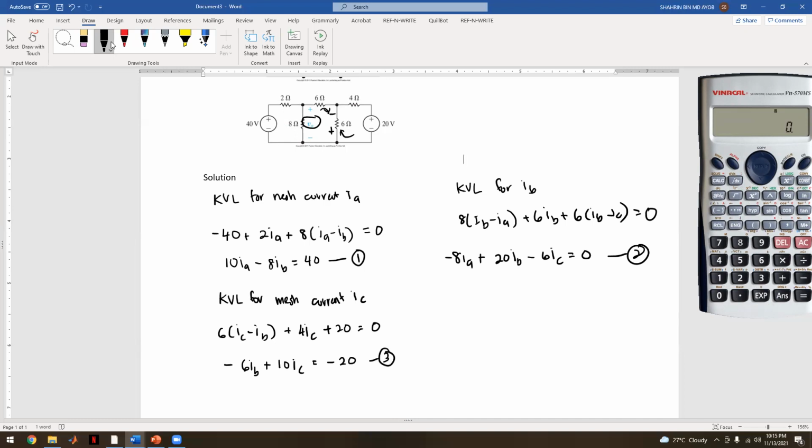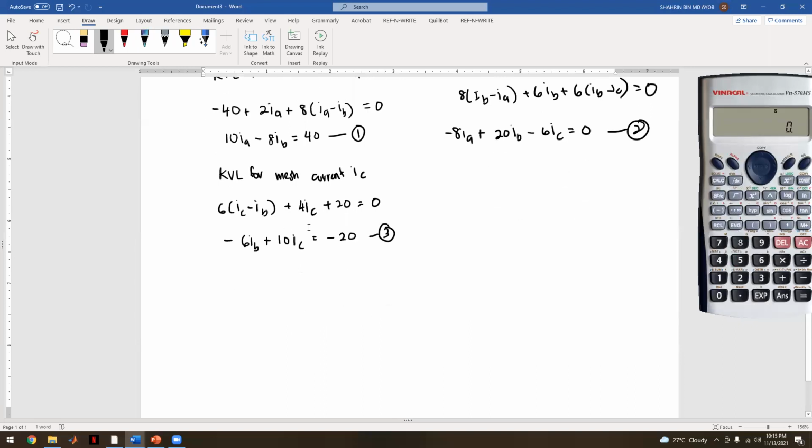So right now you have 3 variables and 3 simultaneous equations. So we rearrange this one from 1, 2, and 3. So this one is 10 IA minus 8 IB plus 0 IC, and this one is equal to 40.